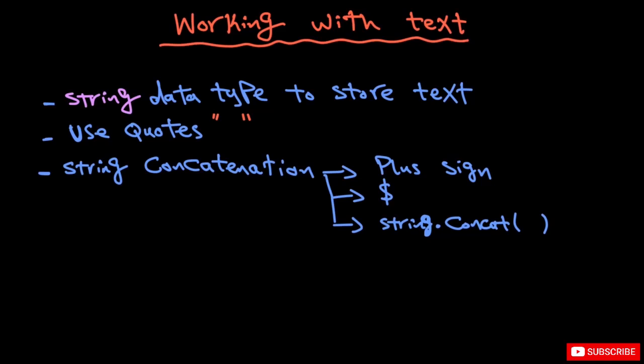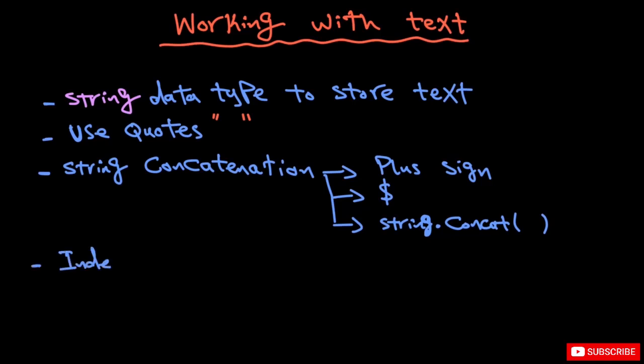Another way to concatenate two strings is by using the Concat method. In between the round braces of that method, you can place strings and separate between them using commas, and the Concat method will combine these strings together.